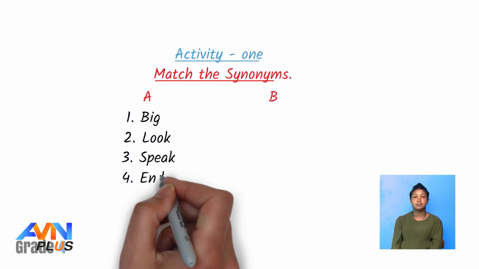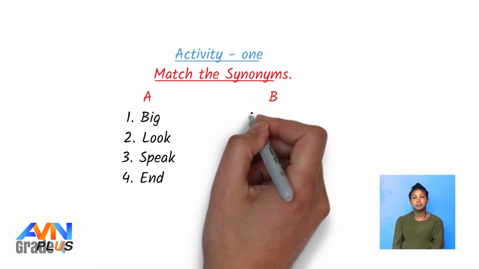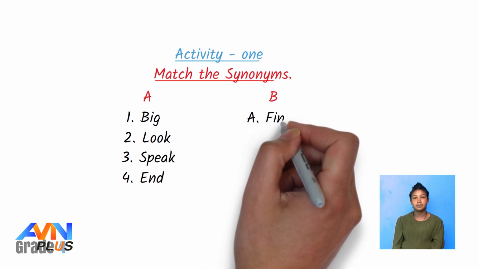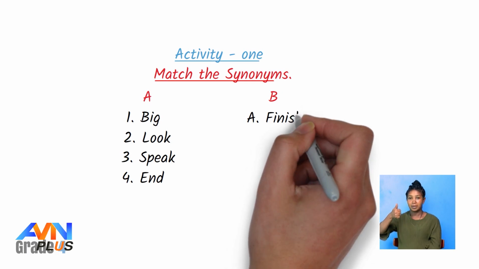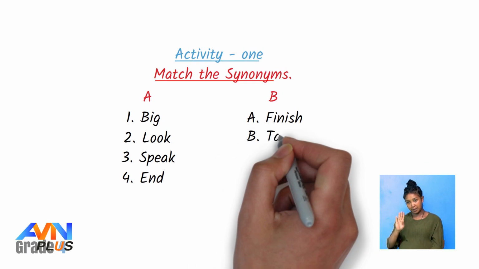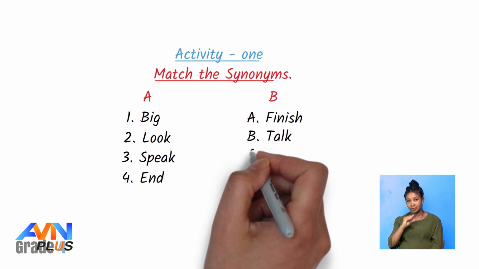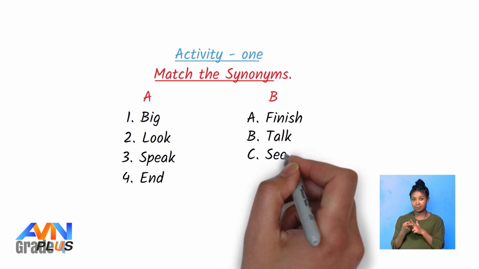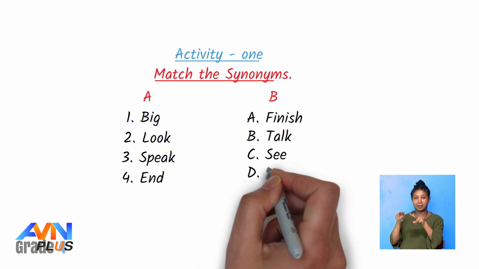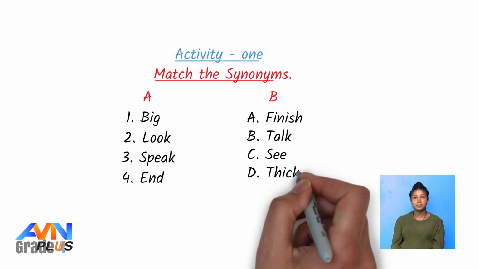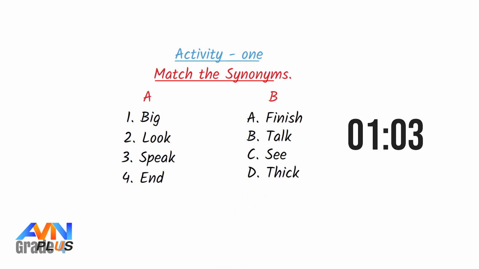Here is column B. A, finish. B, talk. C. Students, here are the questions. Let me give you 1 minute and I'll be back.